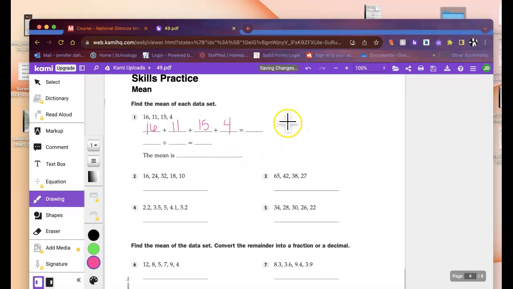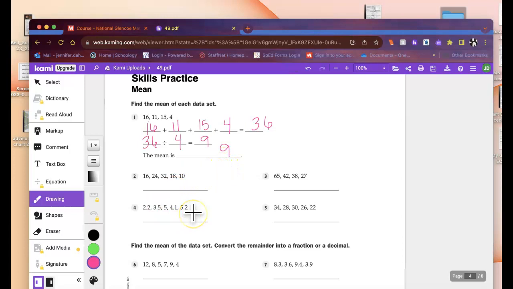You would add up those numbers and you get 36. If you have your paper out in front of you, you'd want to pause the video and fill this in. Then you take 36, divide by 4, and you would get 9. So the mean is 9. Again, we're adding up the numbers and dividing by how many numbers there are. There are 4 numbers that we added, so we divide by 4.